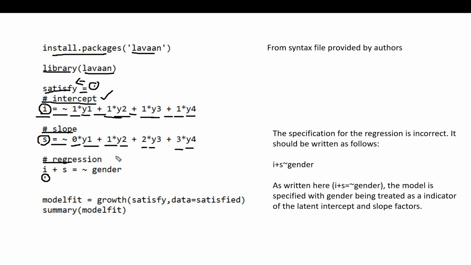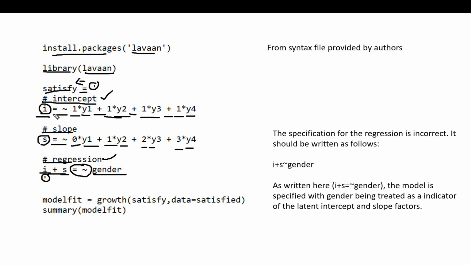Now, you'll notice that with the regression right here, this is where the error comes in. What they have right here, you'll see it's got an I plus S, and this part is fine, and this part is actually fine too. But where the error is, is this part right here, where it's got an equal sign followed by a tilde.